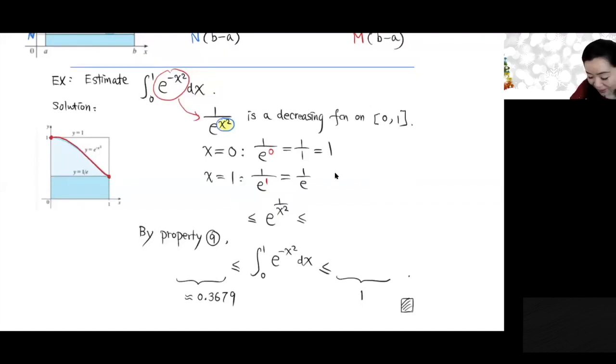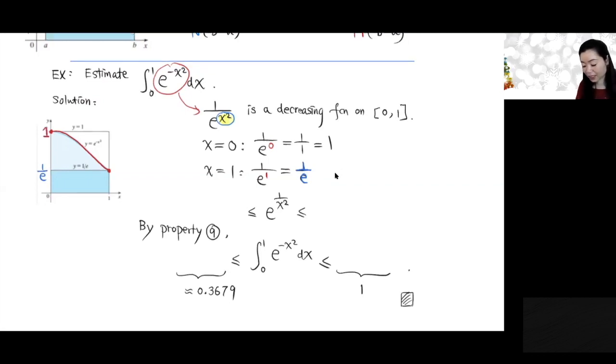What is it? 1 over e is the lower bound, right? And then the upper bound over here is 1. So this integral here will be greater or equal to 1 over e times 1 minus 0, and less than or equal to 1 times 1 minus 0.